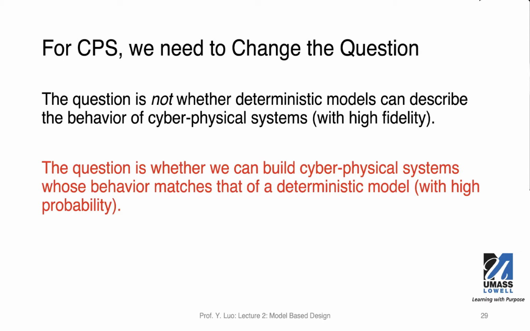And we want to match that with high probability, because things may go wrong. There are cases that you didn't expect or envision at the beginning, and a component itself may malfunction. So there could be something non-deterministic happening after you build this system.